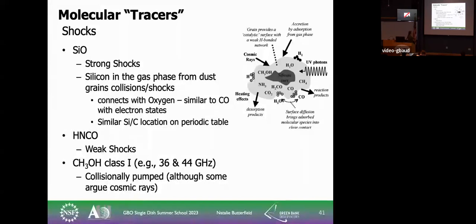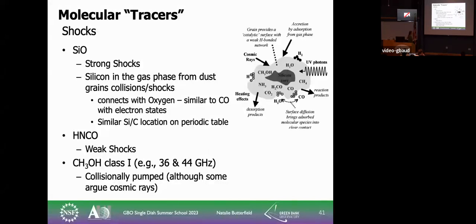The first one that I'm going to mention is SiO. This is a more common one to observe. I think the lowest transition is around 40 or so gigahertz, or you can observe it at 3 millimeters, around 90 gigahertz. SiO is thought to be associated with strong shocks, and that's because of the way the dust particles are set up. A lot of times you get these silicate cores, and then you get some molecules forming on the surface of these cores.